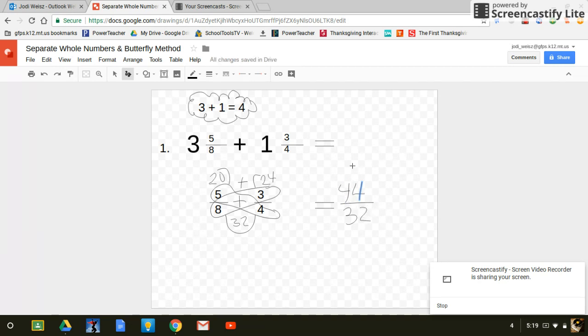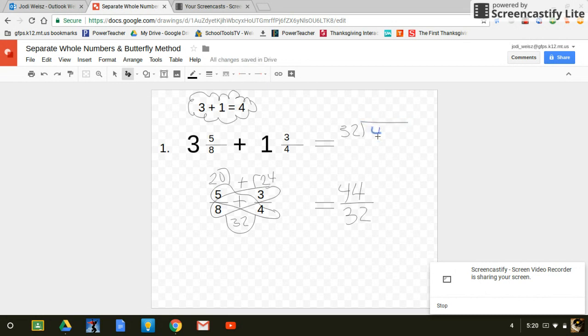That means I have an improper fraction right here, and I need to use my fraction as an equation, which would be 44 divided by 32. So I'm just going to use a little bit of space up here to put 32 as my divisor. Put in my division sign. So 32 goes into 44.